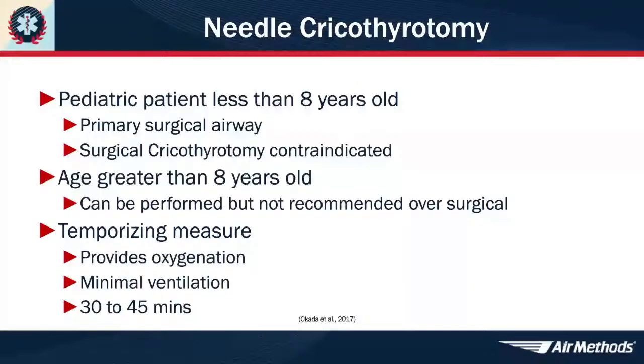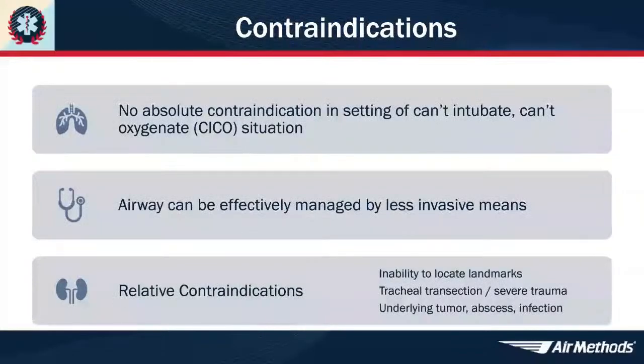It's literally an emergent last-ditch effort to get some oxygen into those lungs. You're also going to have difficulty getting air out of that, so sometimes you actually have to unhook it and just squeeze their chest to get the air out. Again, it's a temporary measure. It's not going to last very long, but it will give you time to get them transported.